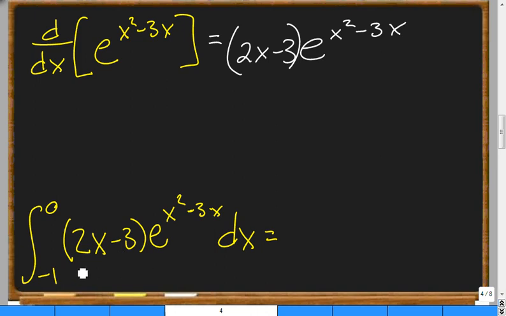So if I want to find the integral of this, I'm going to use this function. So I'm going to be plugging in my 0 and my negative 1 into the function whose derivative this is. So you can see the connection here. So I'm going to be using this guy right up here.